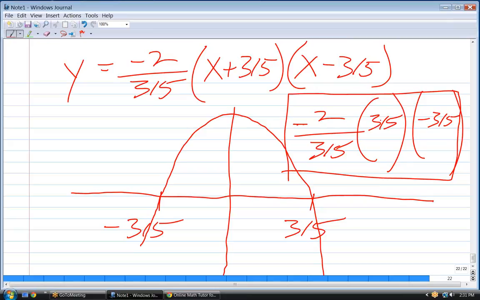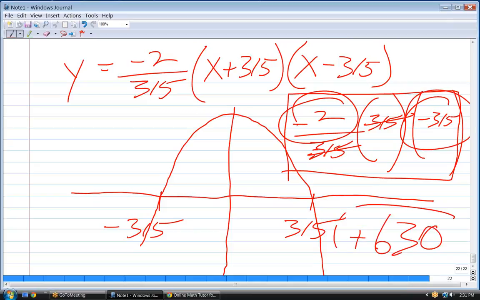I can divide top and bottom by 315, so that 315 cancels out with that, right? 315 divided by 315 is 1. Now, the only thing I'm left with is the minus 2 times minus 315. That becomes plus 630. That's what this is right there, 630.